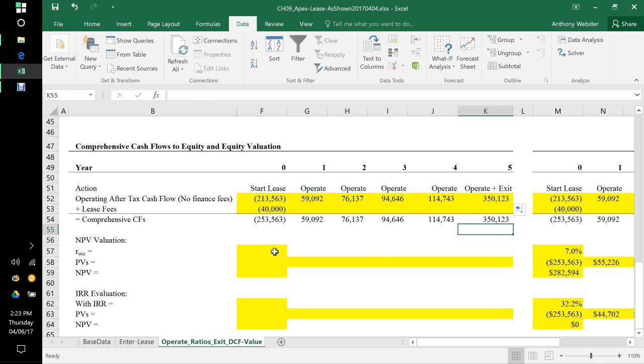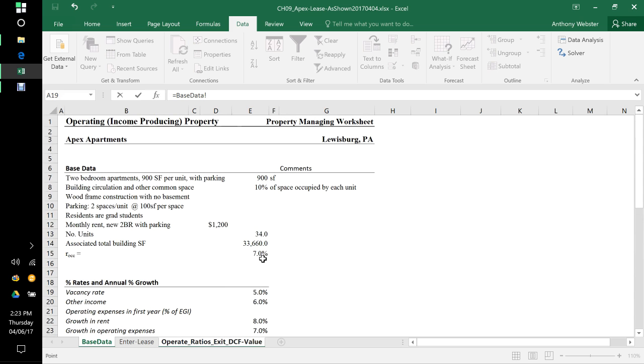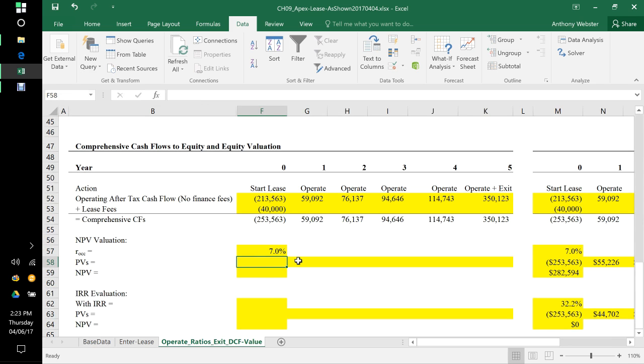And now we are ready to go with our valuation. I completely don't remember what the operating cost of capital is for CMO. It's 7%. And so now all I want to do is get the present value of each of their comprehensive cash flows, discounted by the opportunity cost of capital rate, and add them up, and that's my NPV, just like it always has been.